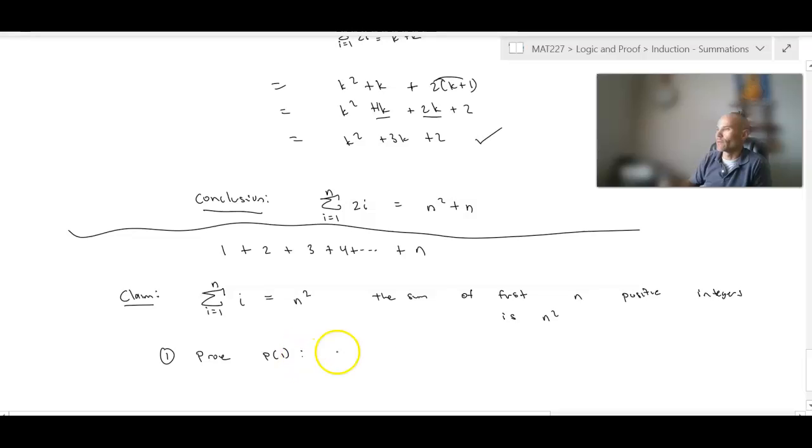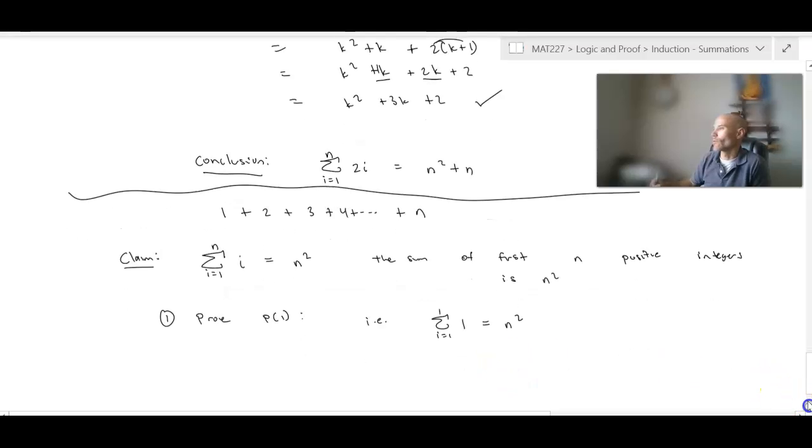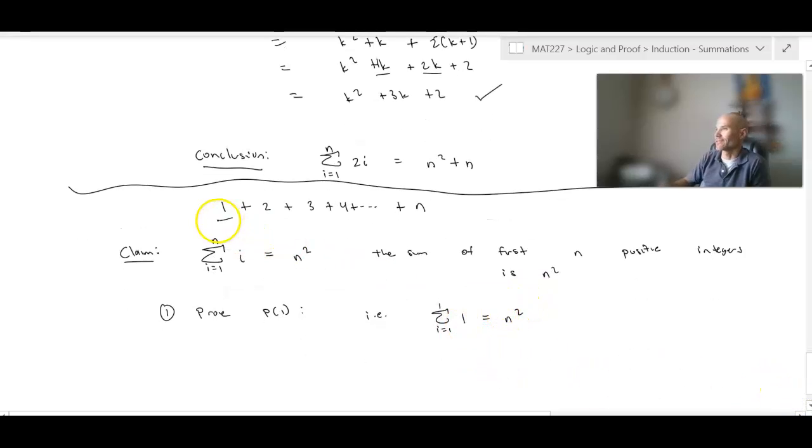To prove p of 1, we want to show, i.e., does the sum of the first integer equal n squared? Well, the sum of just the first integer, that's just 1, so that's equal to 1, nothing to add with there. And, question mark, does that equal 1 squared?